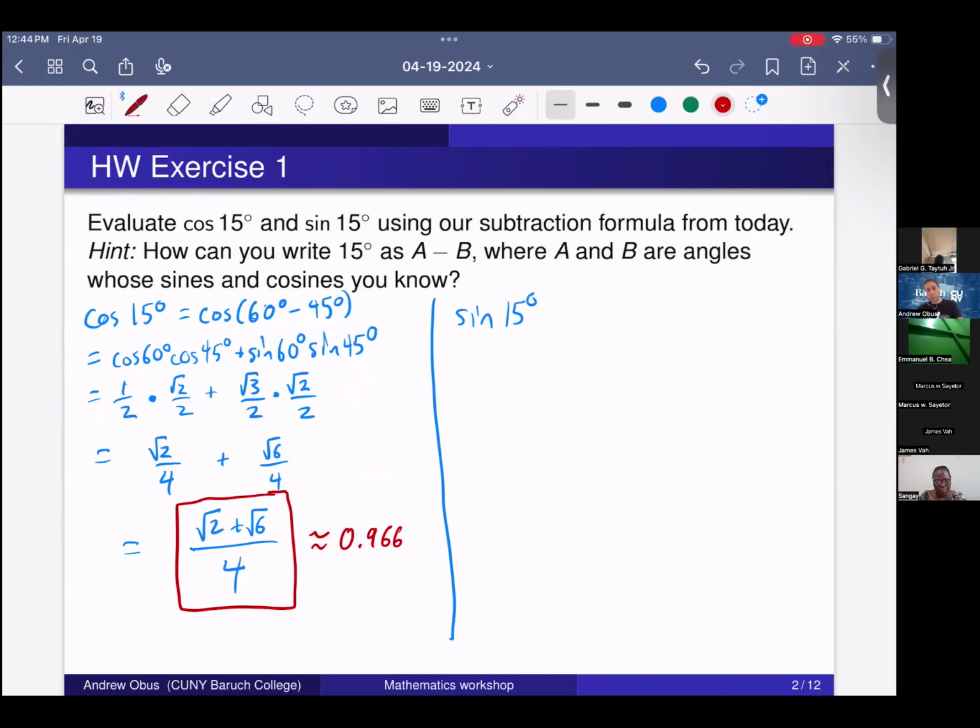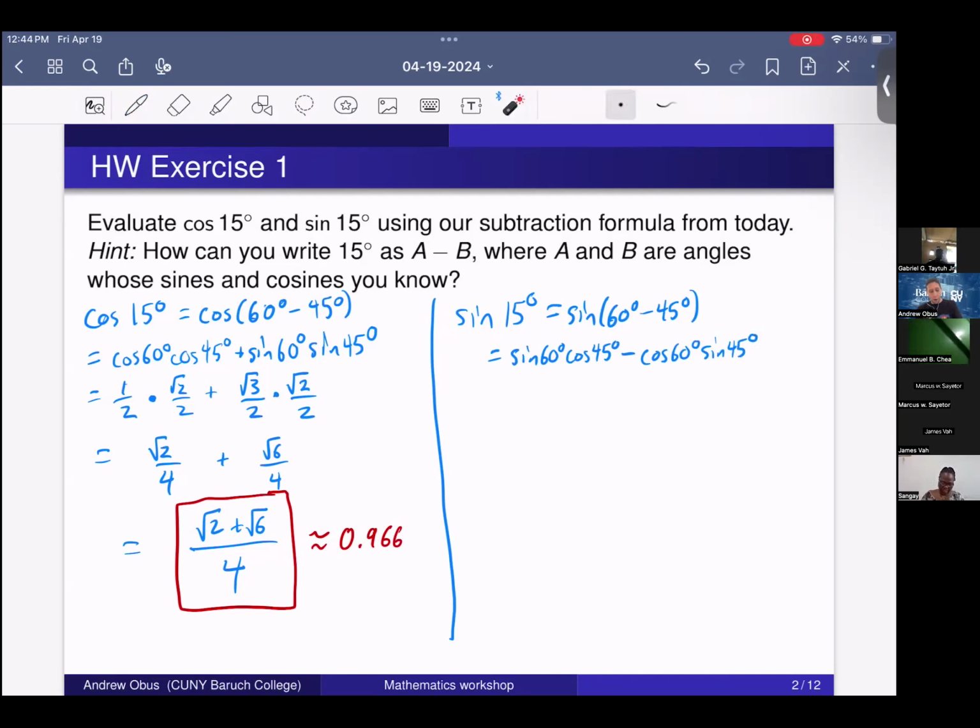Okay, so for sine, we'll do the same thing. So sine of 15 is sine of 60 degrees minus 45 degrees. And so here we get a slightly different formula. Remember, we have sine of 60 cosine of 45. And now with sine, the minus stays a minus. So we subtract cosine of 60 degrees sine of 45 degrees.